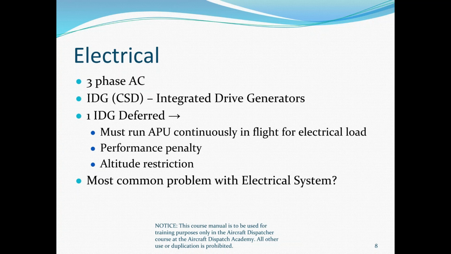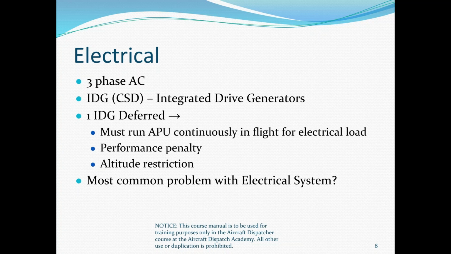I'm sorry, I think I might have got that wrong. I pulled up my list here. With the APU continuous burn, that's 32,000 feet. The AC pack deferral, so if we're operating with one AC pack, we're going to be limited to 31,000 feet. So I got them backwards there.